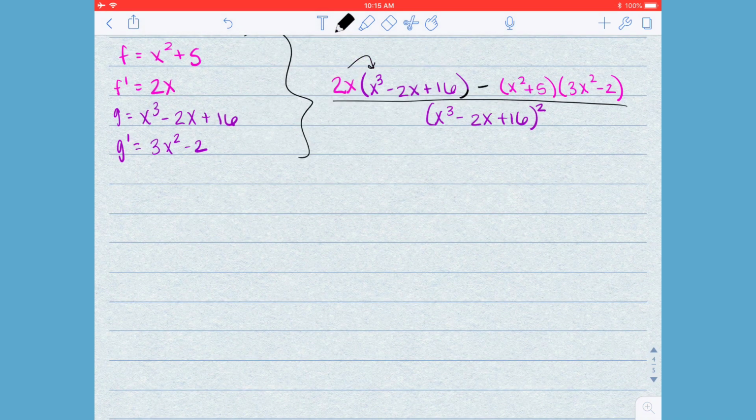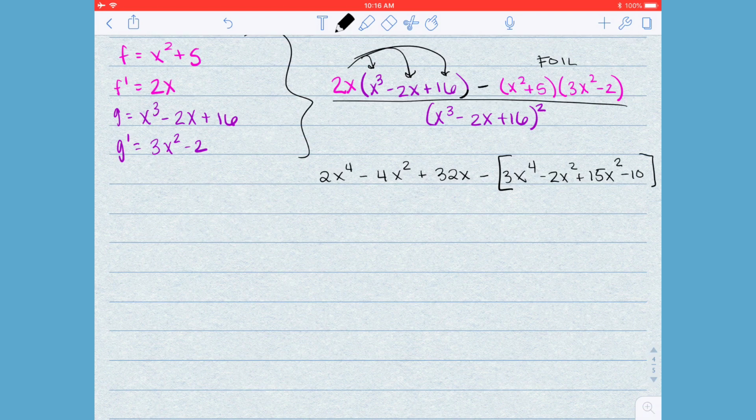And we're going to take our 2x, and we're going to make sure that we distribute in, and then we're going to need to FOIL on the other term. So that is going to end up with 2x to the 4th power minus 4x squared plus 32x minus, and this binomial on this side is going to get me 3x to the 4th minus 2x squared plus 15x squared minus 10.